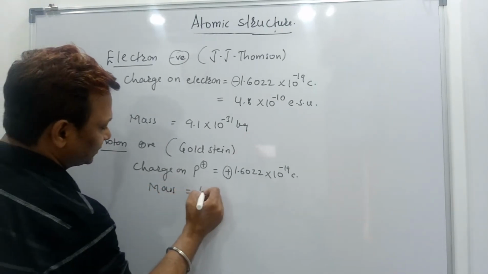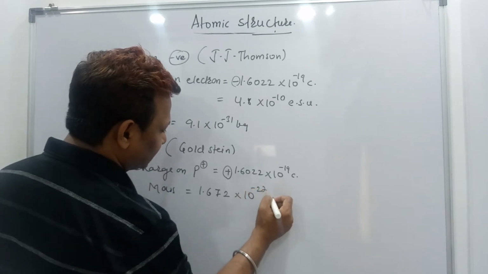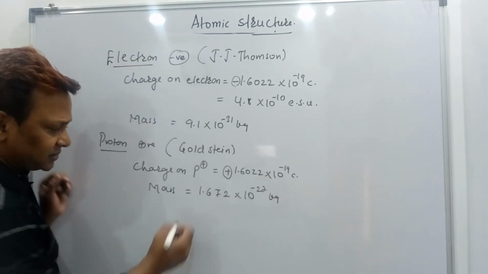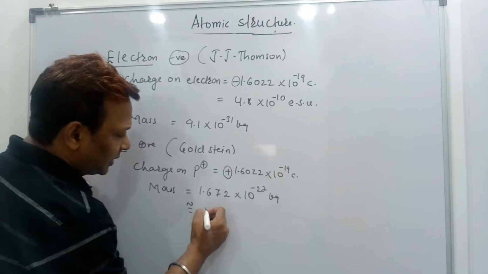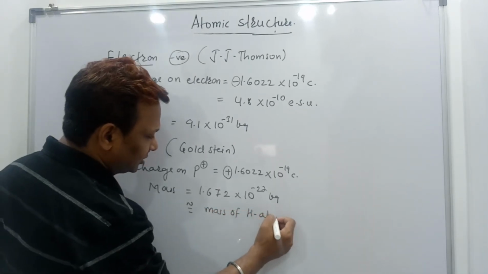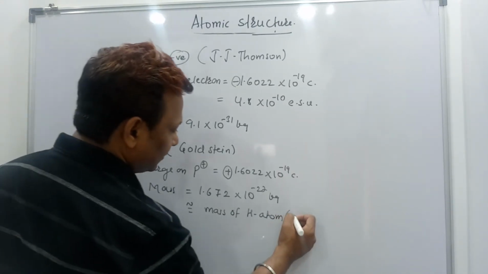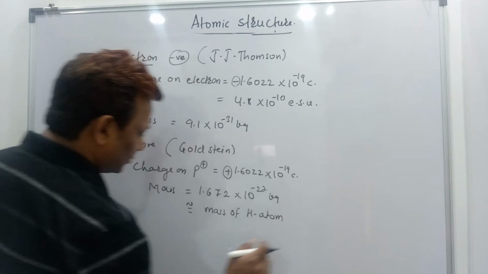The mass of the proton is 1.672 into 10 to the power of minus 27 kg, which is nearly equal to the mass of a hydrogen atom.